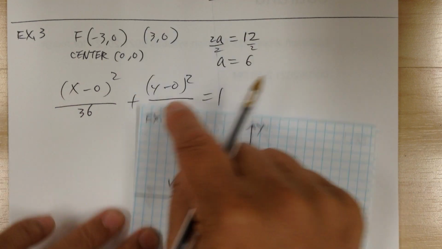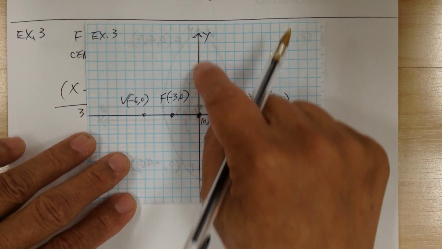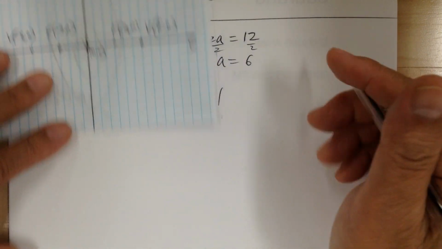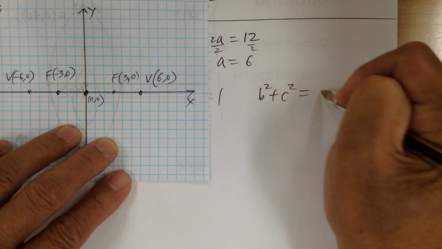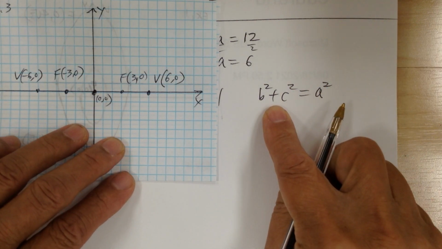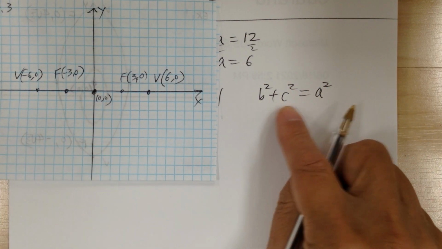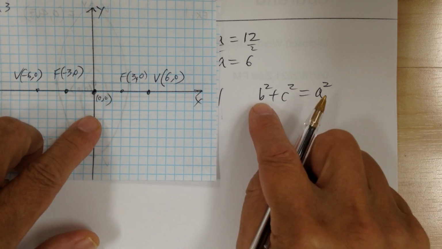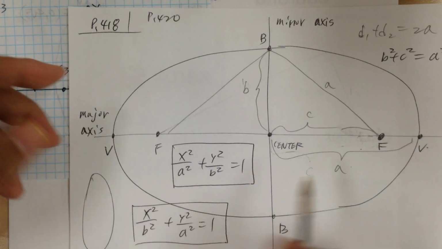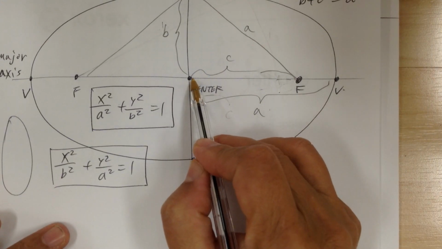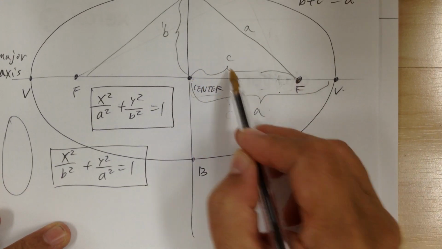Now we have to figure out this number over here, and that's the b. To figure out the b, we have to use the Pythagorean theorem. Remember the Pythagorean theorem: b squared plus c squared equals a squared, right? Because a is always the biggest number. The b is what you're looking for. Now c, again from here, the center to the focus, that's the c.